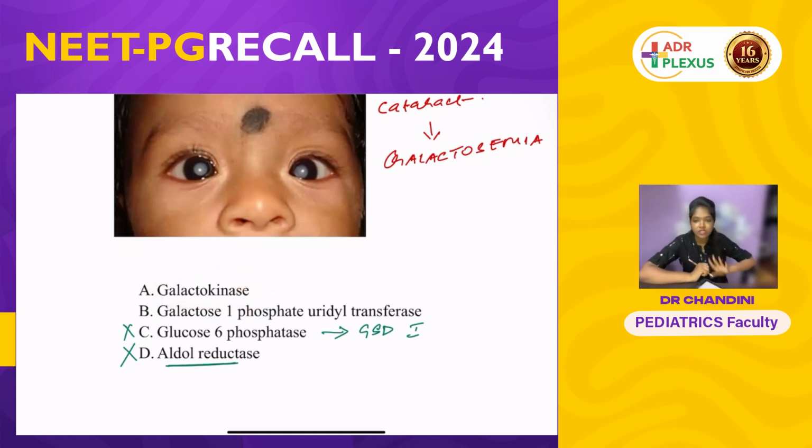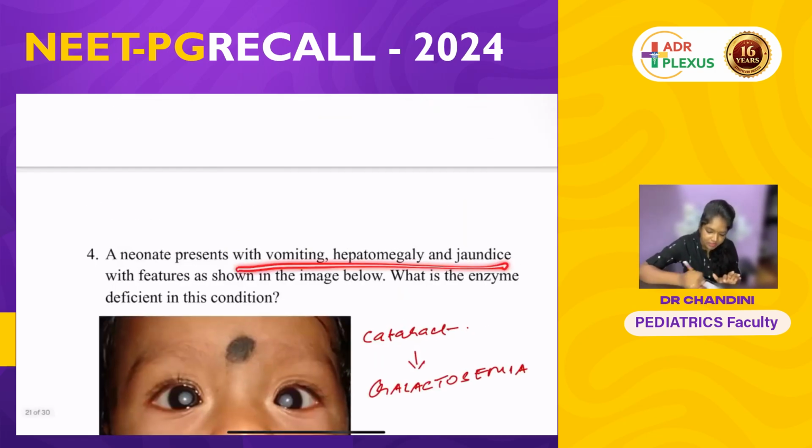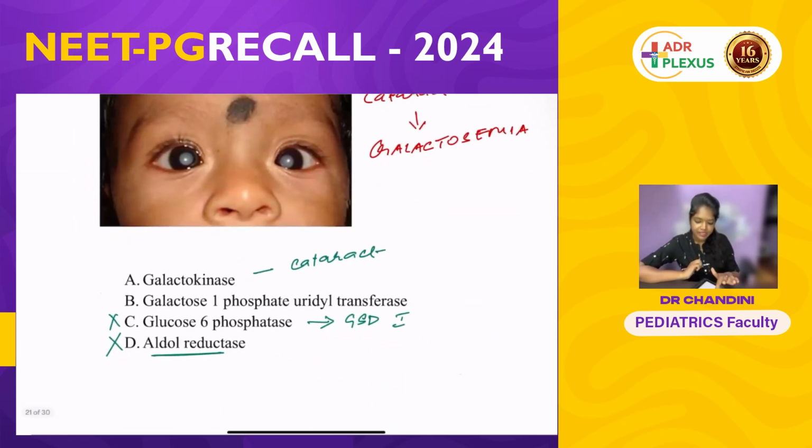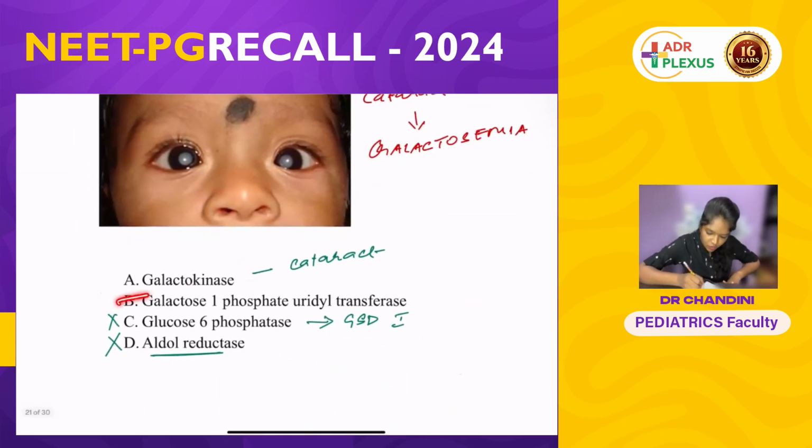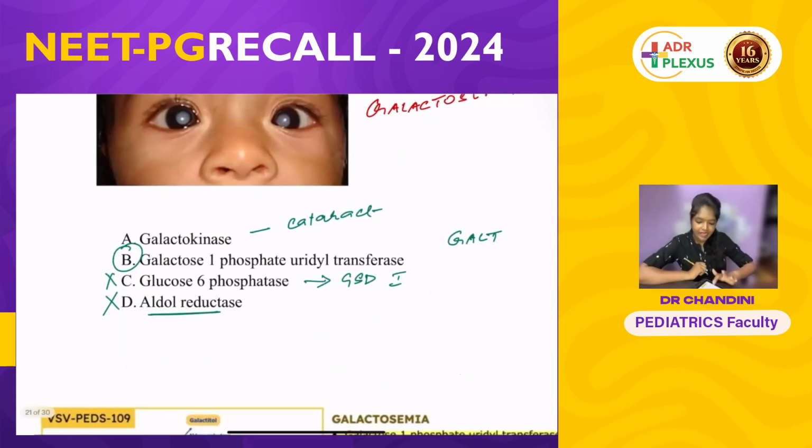In galactokinase deficiency, the only finding will be cataract. You will not have hepatomegaly, vomiting, jaundice. The child will be absolutely normal, only cataract will be there. Here, in our question, they have given all this. So it is not galactokinase, and the answer is galactose 1-phosphate uridyl transferase deficiency, GALT, which is deficient in galactosemia.